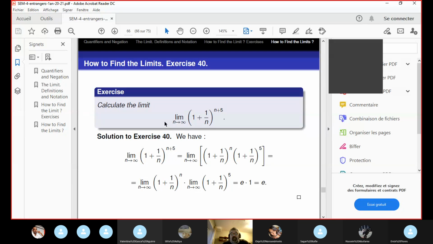In this case, it is very easy because we know that the limit of (1 + 1/n)^n exists. It will be e by the definition of this number e. And then you have also the limit as n goes to infinity of (1 + 1/n)^5.